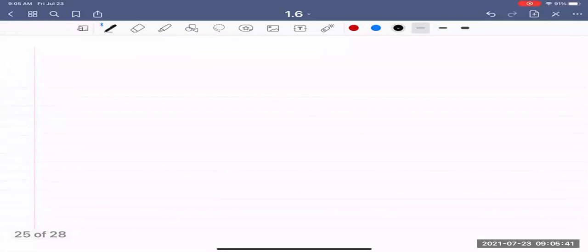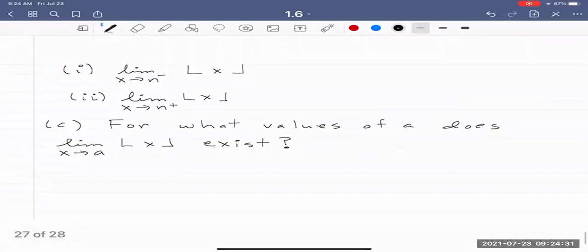The limit as x approaches n from the negative, so that's from the left side, of the floor of x, and the right side, the limit as x approaches n of the floor of x.